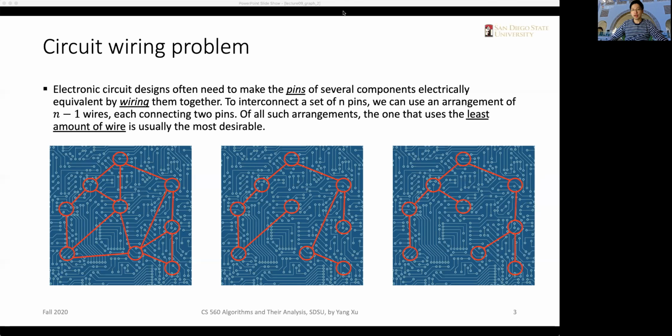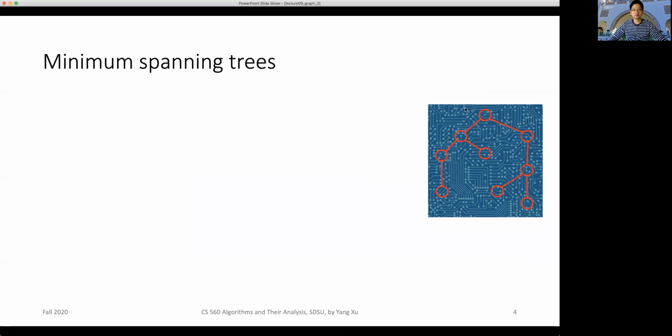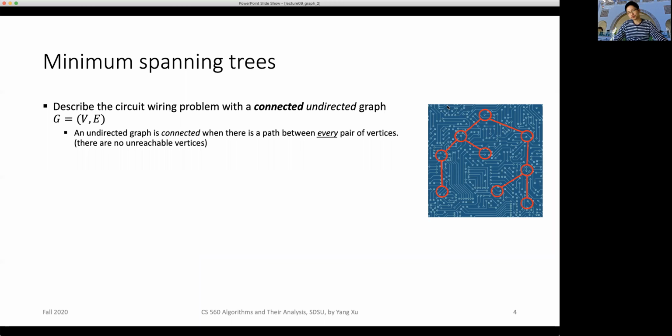So that is basically the type of problem that the minimum spanning tree problem is describing. Okay. So formally speaking, a minimum spanning tree is defined on a connected, undirected graph.